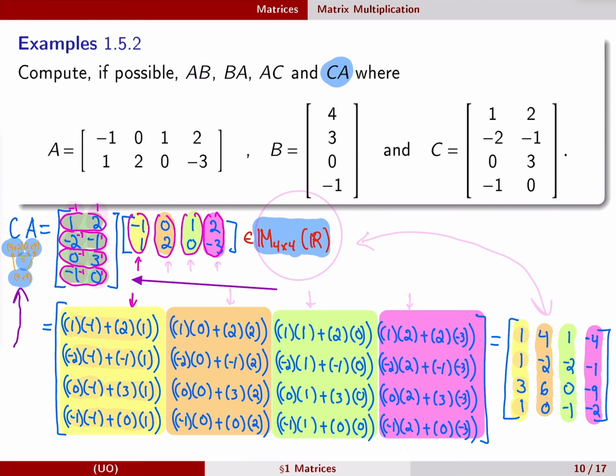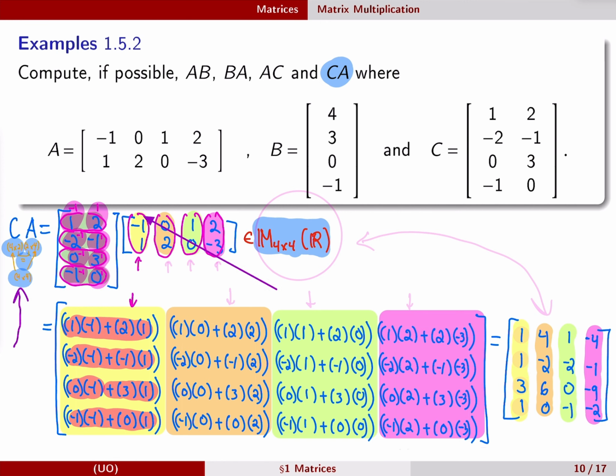So here, when I look at my computation for the first column, I have 1 times minus 1 plus 2 times 1, and that's this operation right there. 2 times minus 1 plus minus 1 times 1, that's what's going on the second row, I'm sorry. And then for the third row, I have 0 times minus 1 plus 3 times 1. So this is what's going on the third row. And finally, minus 1 times 1 plus 0 times 1. This is exactly what's going on the fourth row.